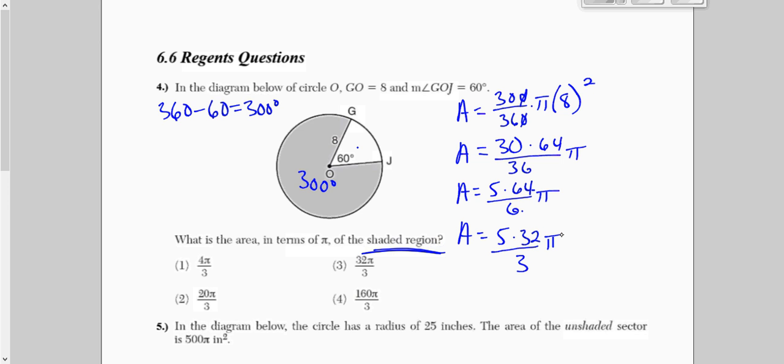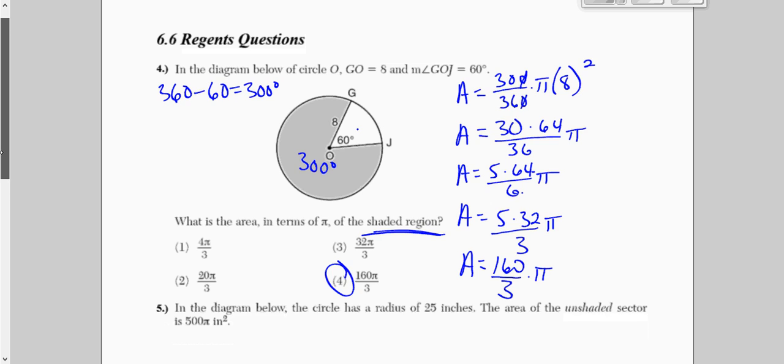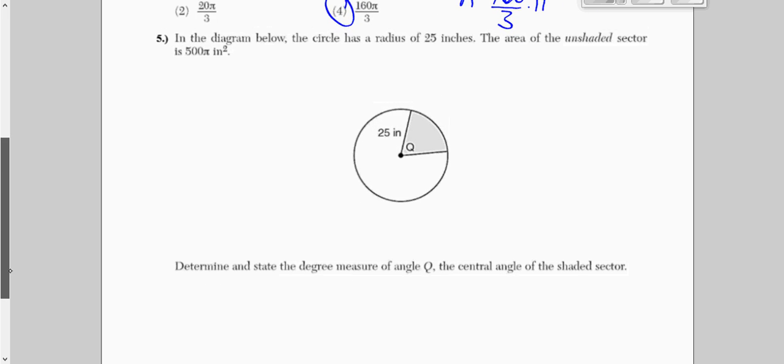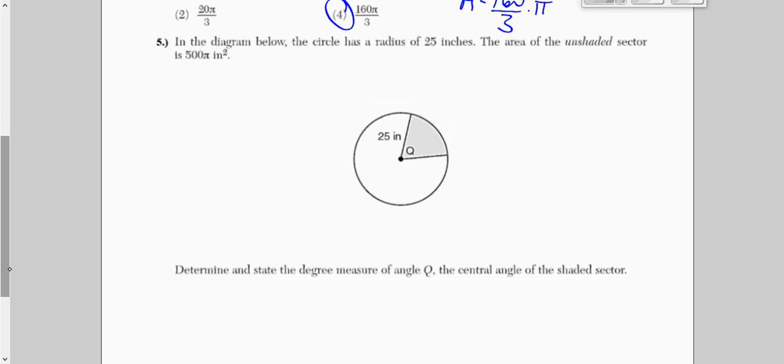And 5 times 32 is just 160. So 160 over 3 times pi, and that matches up with choice 4. On to number 5. Pause the video, and let's see if we can set this up.